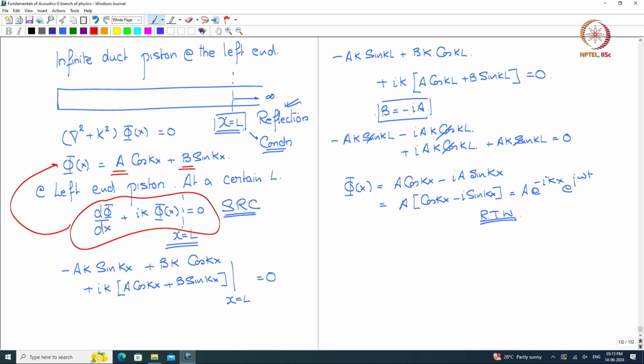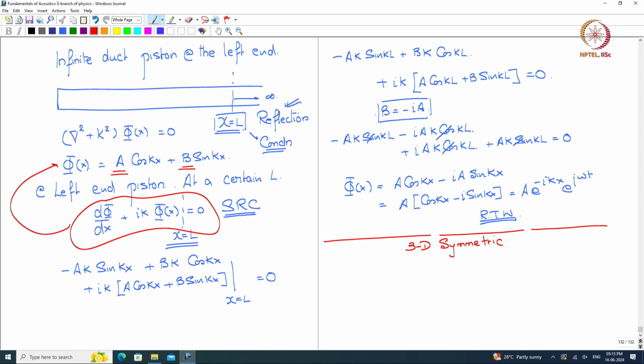Okay. So now if we do this for a 3D symmetric situation, that means theta phi symmetry.